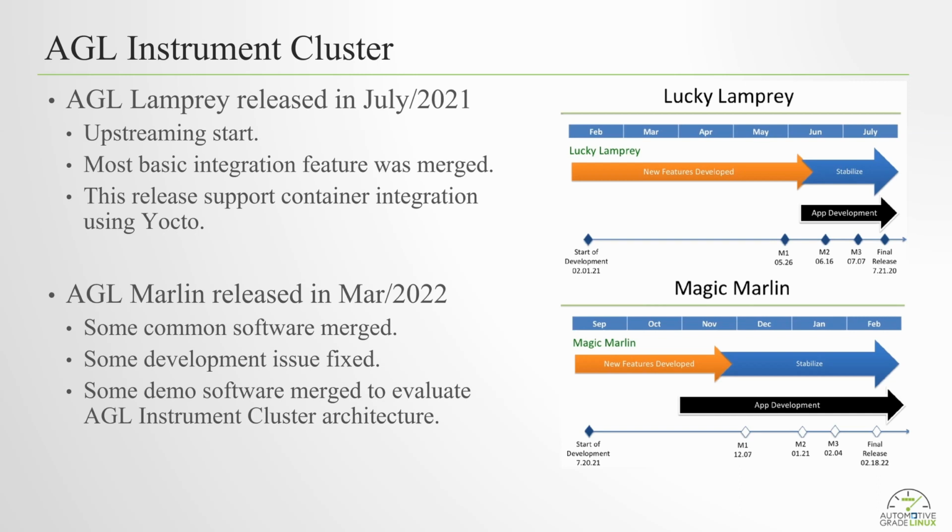And this release supports container integration using the Yocto multi-config technology. Marlin was released in March this year. In this release, some core software was merged. Some development issues were fixed, and some demo software was merged to evaluate the AGL Instrument Cluster architecture. It's an overview of our activity.